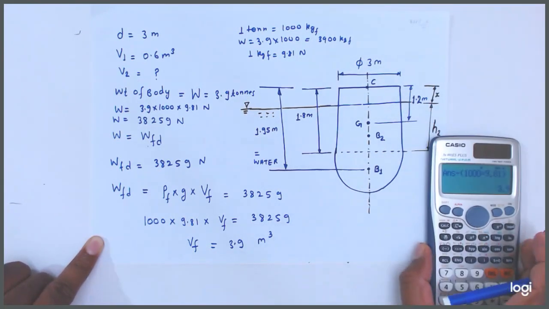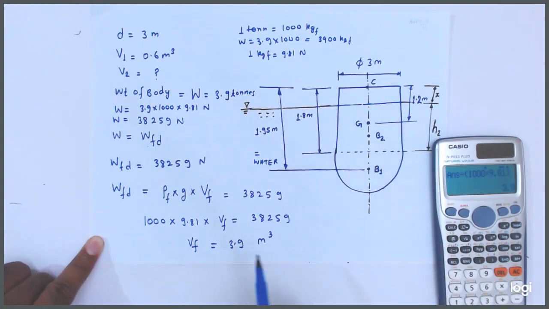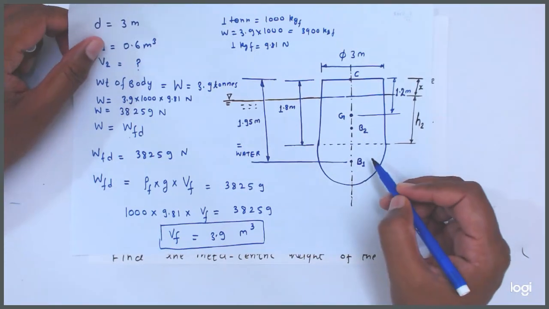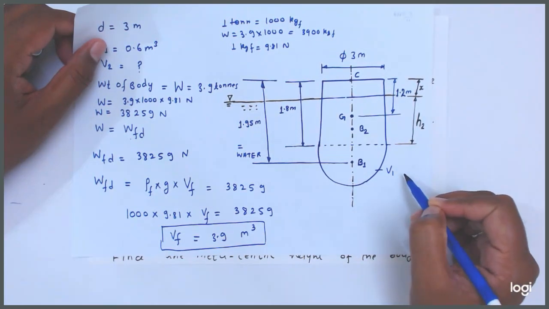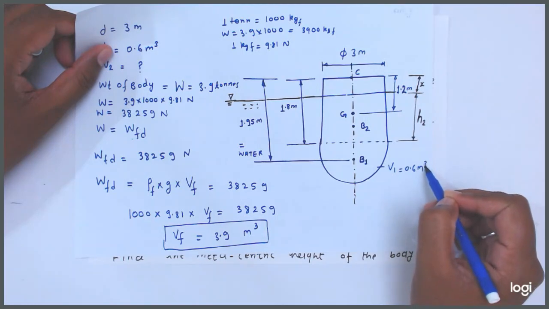Okay, so this is the total volume from here inside the water. Okay friends, this is the total volume. Now Vf1 value has given, let me write here, Vf1 is equal to 0.6 meter cube.